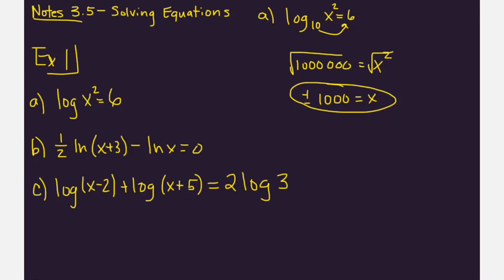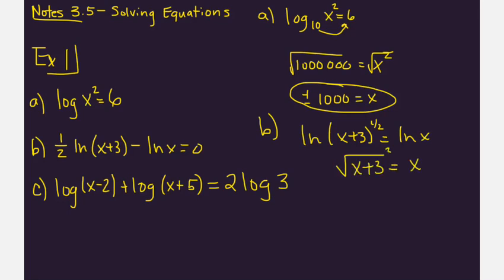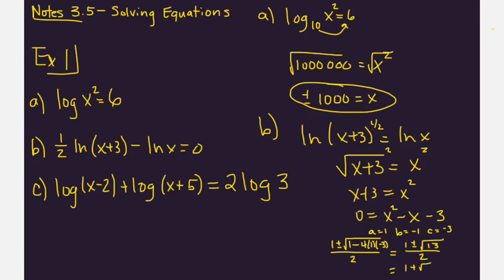Okay. Part B. Here's part B. In this example, I chose to go the route where I wanted it to be a log on one side equals a log on the other side, rather than condensing and turning it into an exponential. Either way, we'll still get you the right answer.